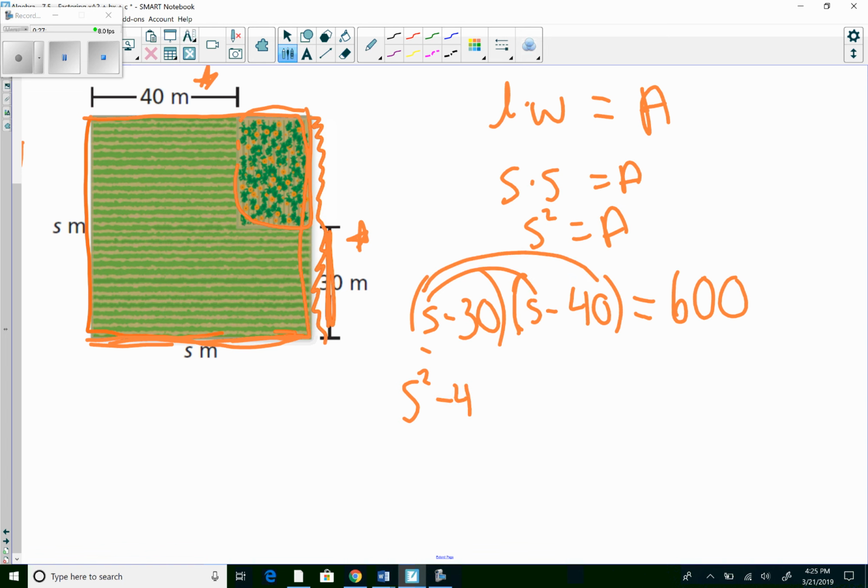I've got negative 40S. I don't like that they use the variable S, but it's not my problem, I can't make the rules. Then that's going to be negative 30S. And I see there's two negatives. When I multiply those together, that's going to give me a positive, and that should be 1200.